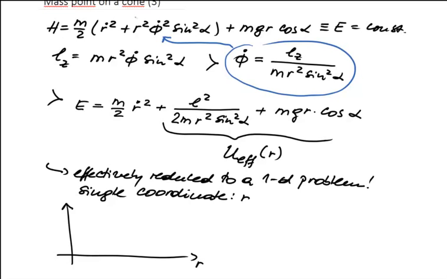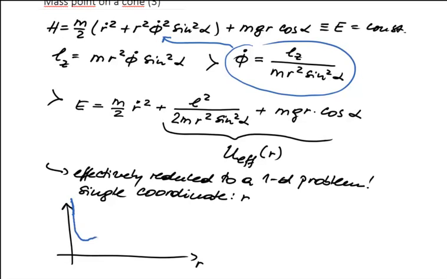Both are greater or equal to 0. For small r, the 1 over r squared dominates, and you have a pole at r equal to 0. So for small r, the behavior of this effective potential looks like this.